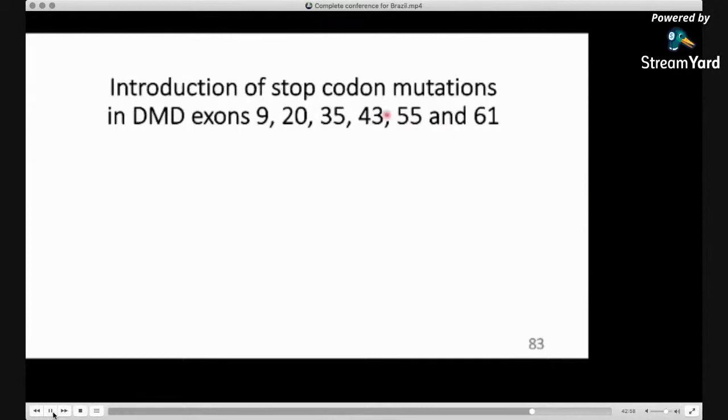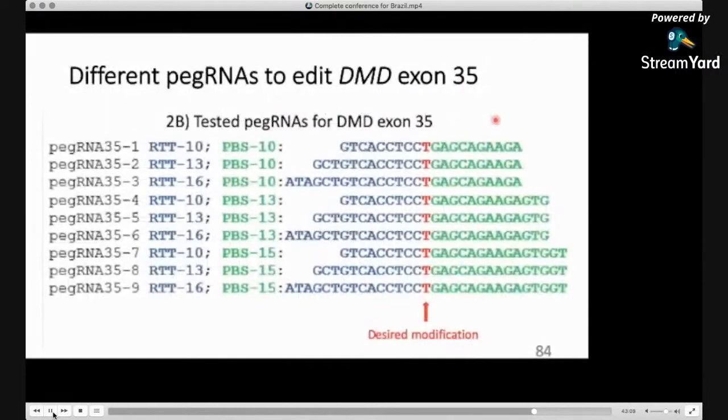We have successfully used that approach to introduce stop codons in exon 9, 20, 35, 43, 55, and 61. We have thus designed various PEG RNA targeting DMD exon 35.